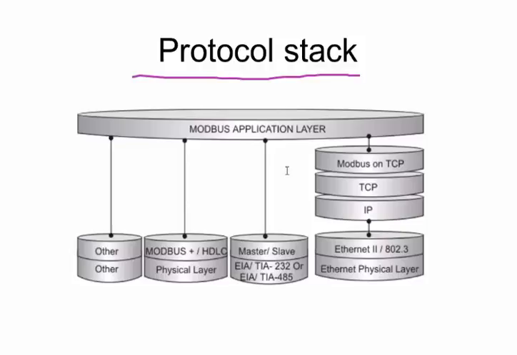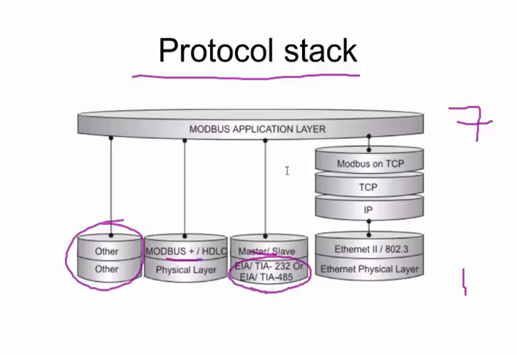When we talk about the OSI model and the protocol stack, 7 up here, 1 down here, there is a bunch of other physical things that you can run it over. It'll work on all sorts of things. You get Modbus Plus, and HDLC is another physical network approach. Here we have our master slave and serial, running over 232 or 485.